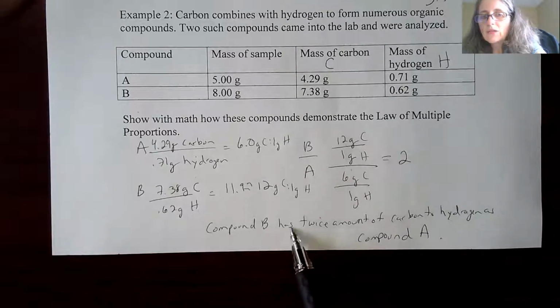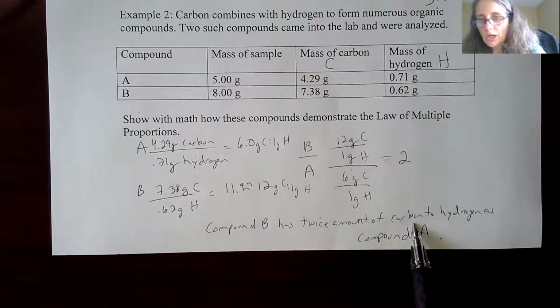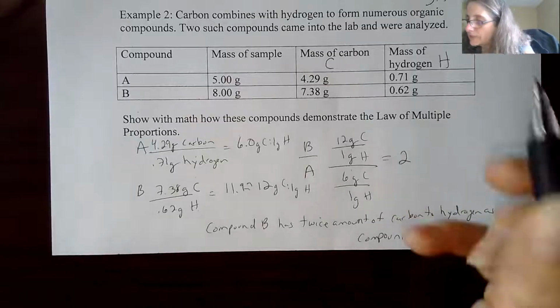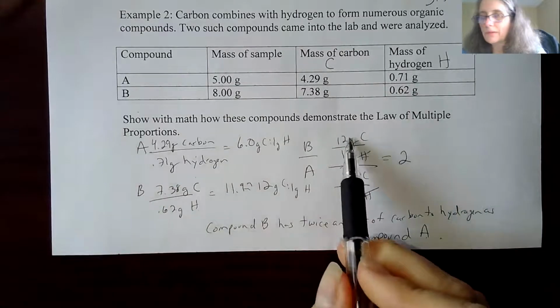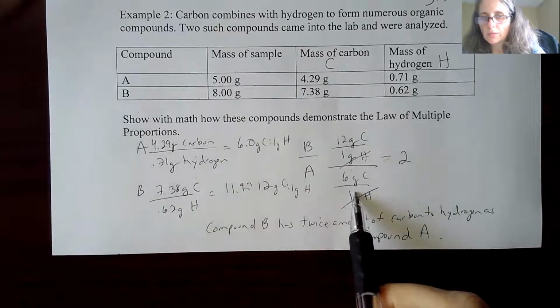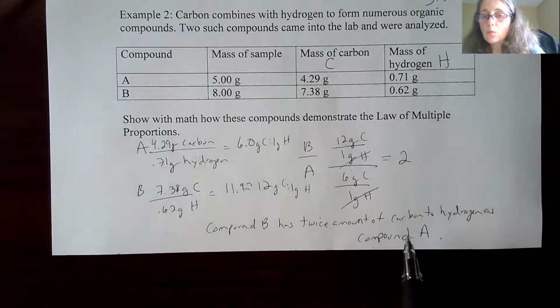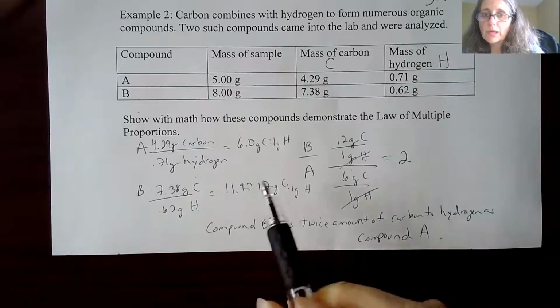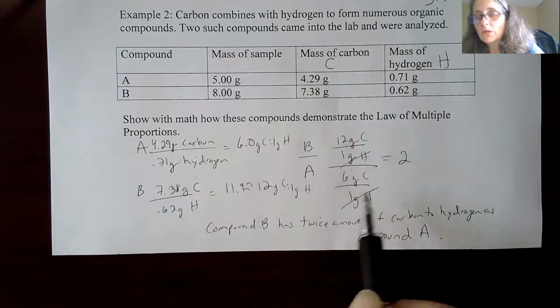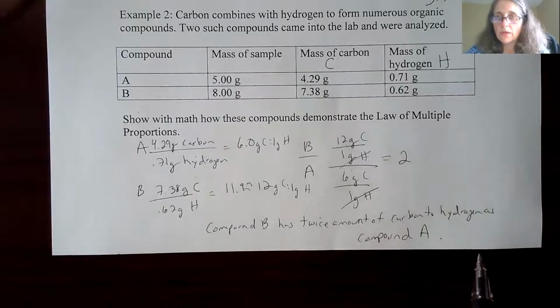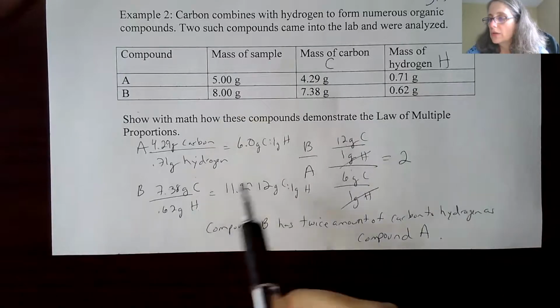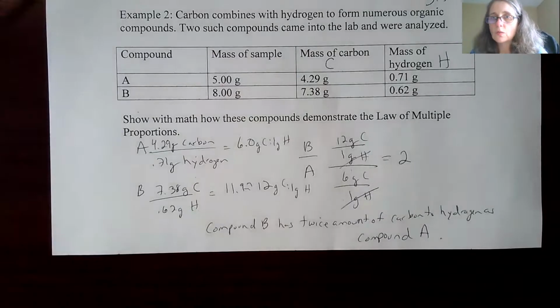Compound B has twice the amount of carbon to hydrogen as compound A, because again, my hydrogens cancel, so what I'm comparing is the grams of carbon. So I could say there are 2 grams of carbon to every 1 gram of carbon in compound A. That's another way you could phrase it. But I do want you to do the math, but I also want you to do a statement associated with it, okay? So again, you're doing 2 different ratios when it does multiple proportions.